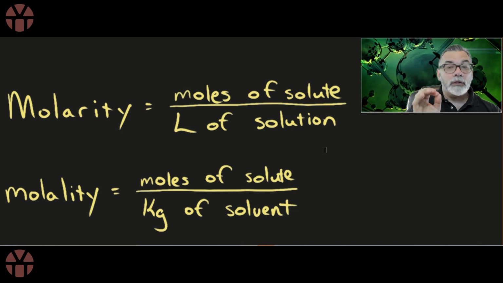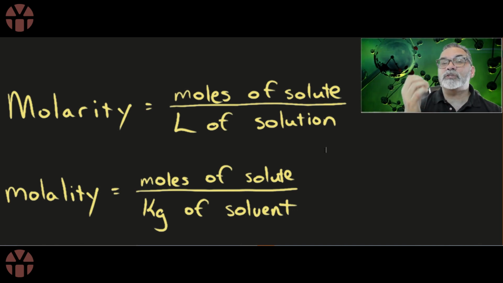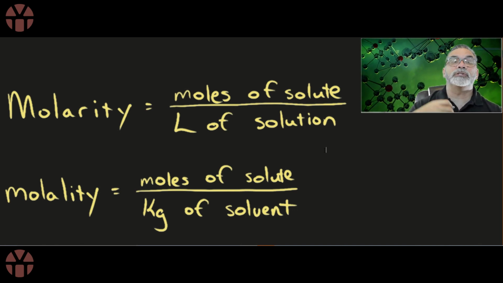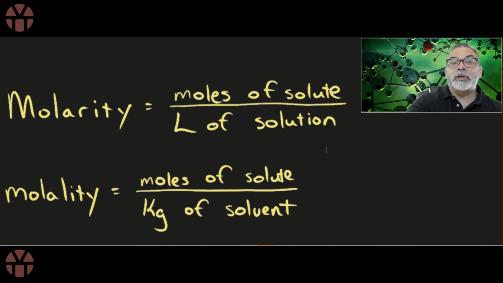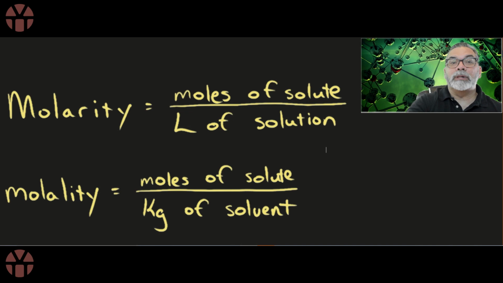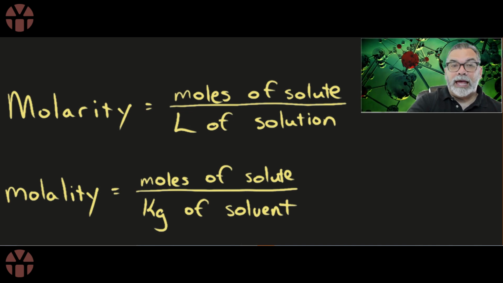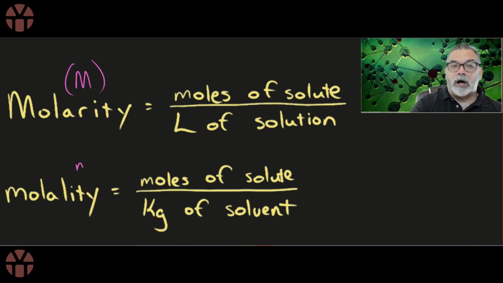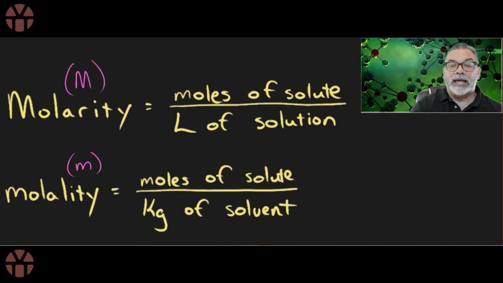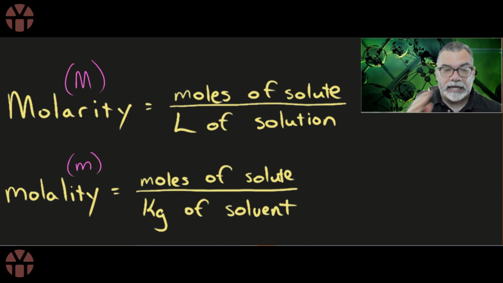Now, there's another one where we have special circumstances where we use it, and this is known as molality. Just so you're aware, we usually abbreviate molarity with a capital M, so molarity is usually going to be big M like this, while molality often is going to be seen as little m. It'll look like a meter. It's not, it's molality.